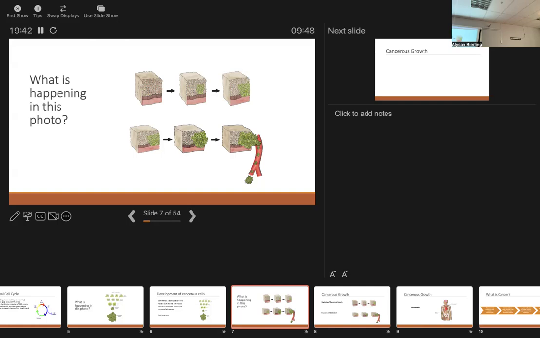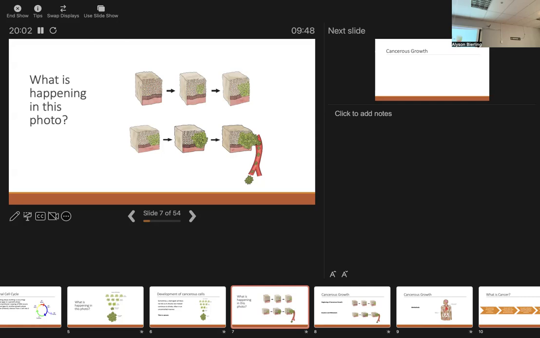But we have natural killer cells and T cells in our body that will detect that abnormality, and those abnormal damaged cells will die off.